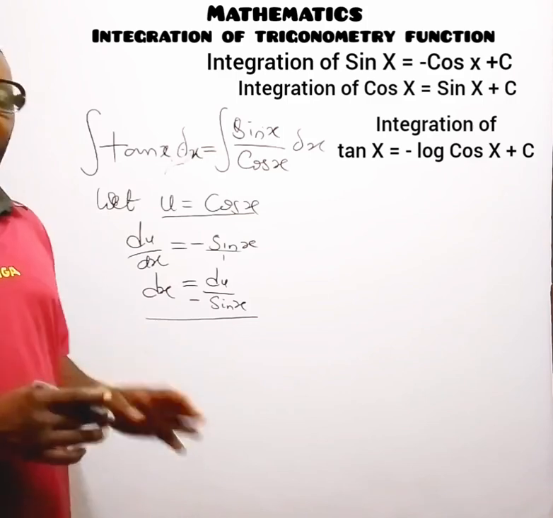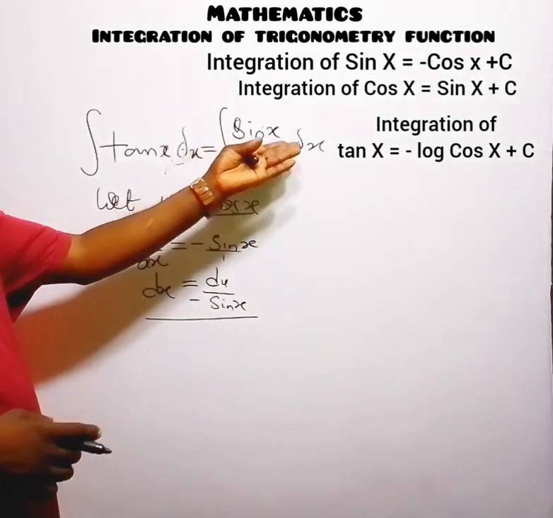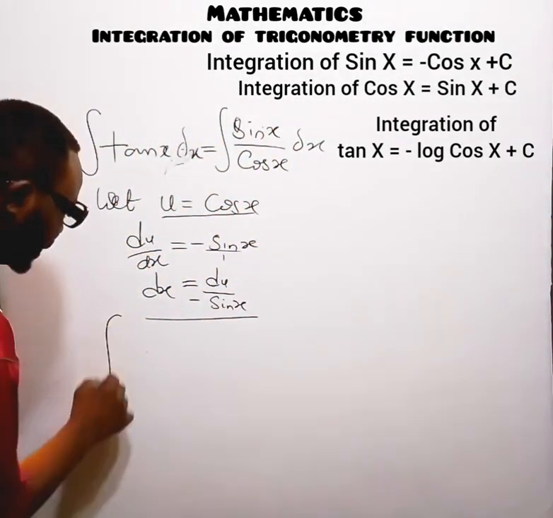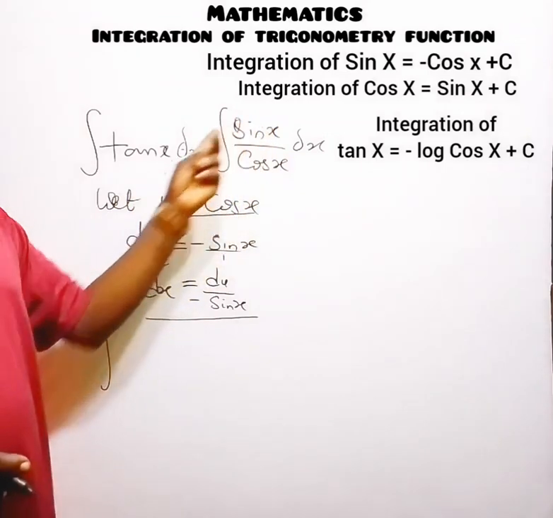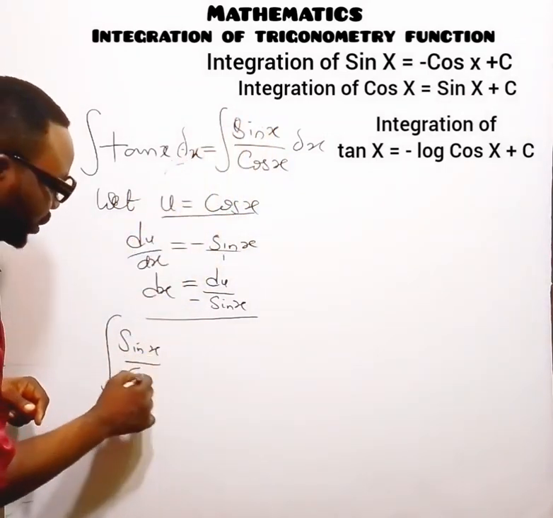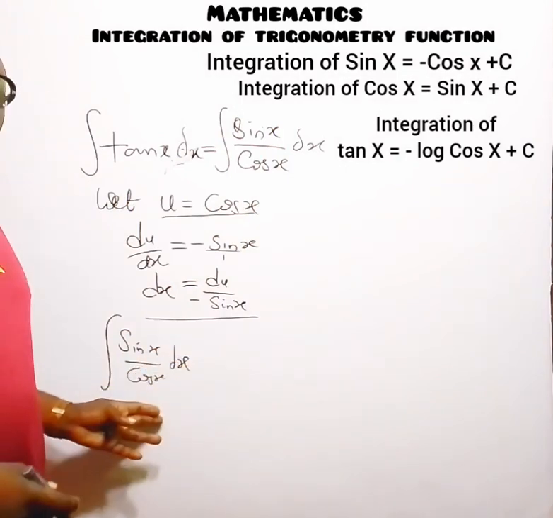Now, after I've been able to get the value of my dx here, I will come back to what I was solving earlier. I'm going to have this equation written back, which is the integral of sine x over cos x dx. This means we should integrate this expression.